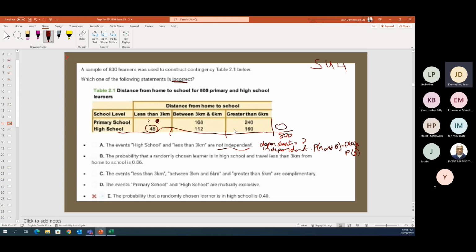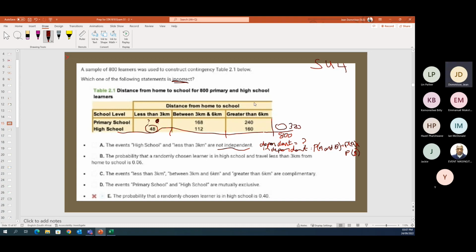Now we need to get the total of high school, so we need to add all of those together. That is 48 plus 112 plus 160, so that is 320.